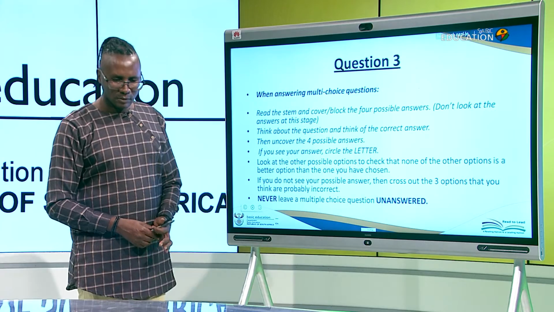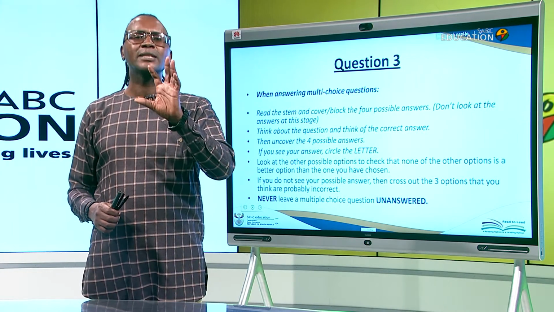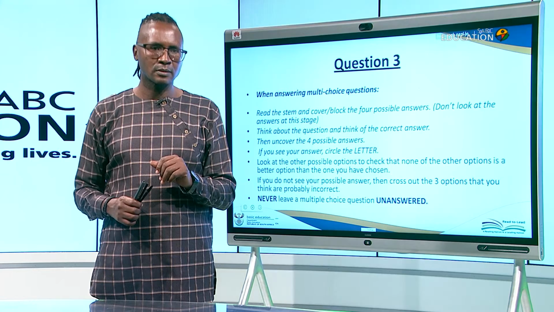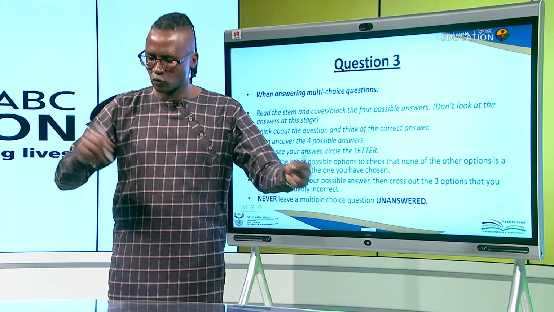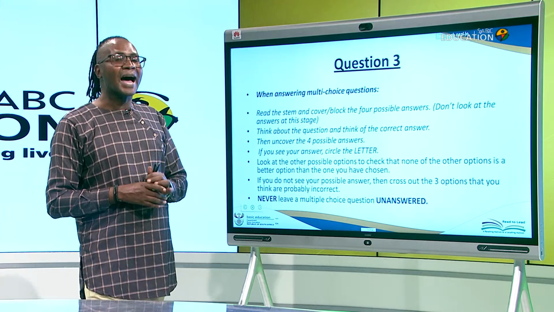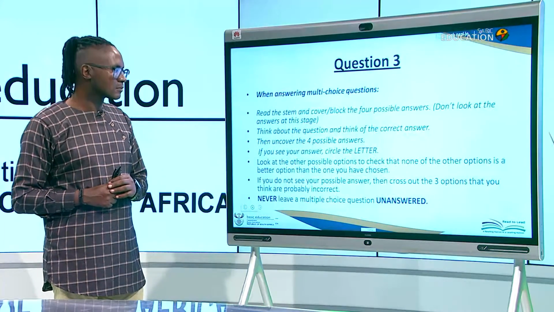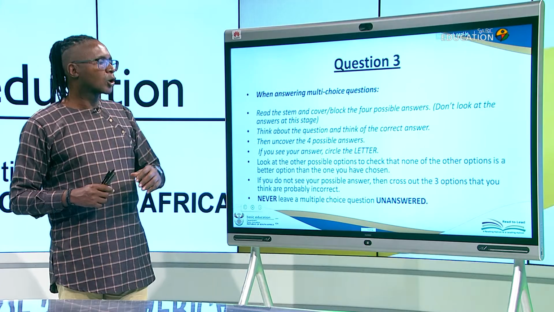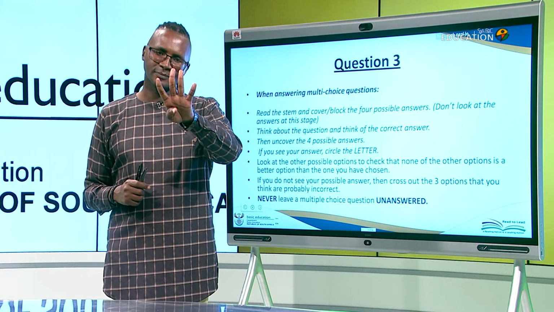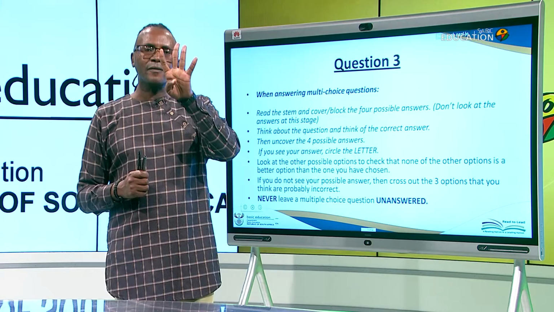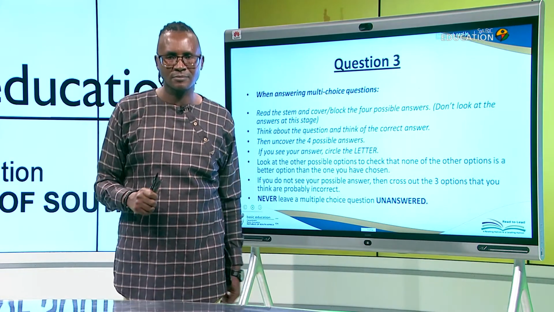Now, grade 12s, when you are given multiple choice, you cannot just close your eyes and pick and choose. So we are asking that you read the instruction very carefully. You are given 4 options. When you are given 4 options, 2 will be totally wrong.